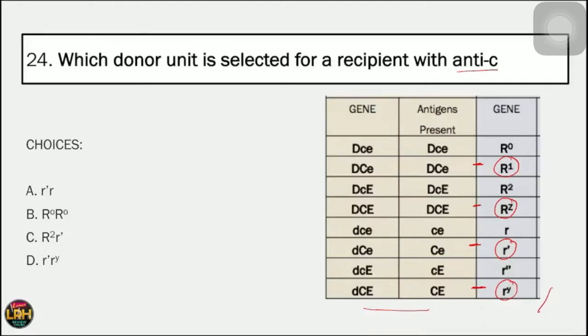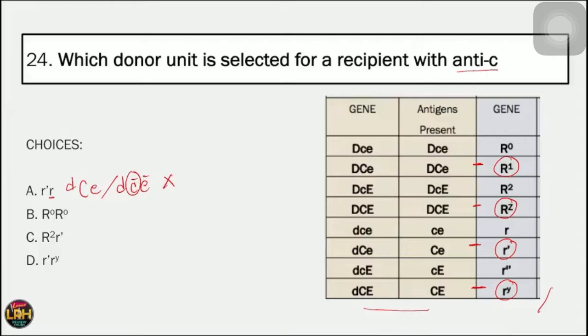Anything that will not fall to these gene types can code the C antigen. So for letter A, possible kaya to? Let's see. R with 1 apostrophe, we have C and E. Pwede yung isa. But the other one is D, C, E. So this codes for a C antigen.